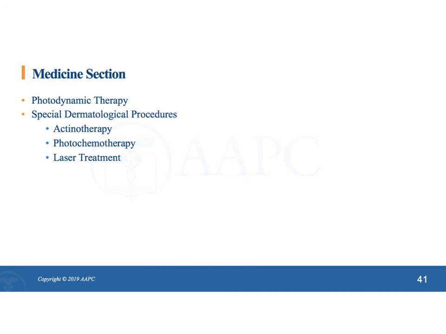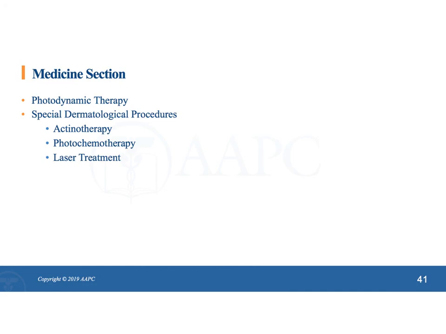Some examples would be an EKG, a spirometry, allergy testing, and in the case of the integumentary system, this is where your photodynamic therapy is included, and this is going to describe the ablation of tumorous tissue by activation of photoactive drugs and other special dermatological procedures that are frequently rendered on a consultative basis.